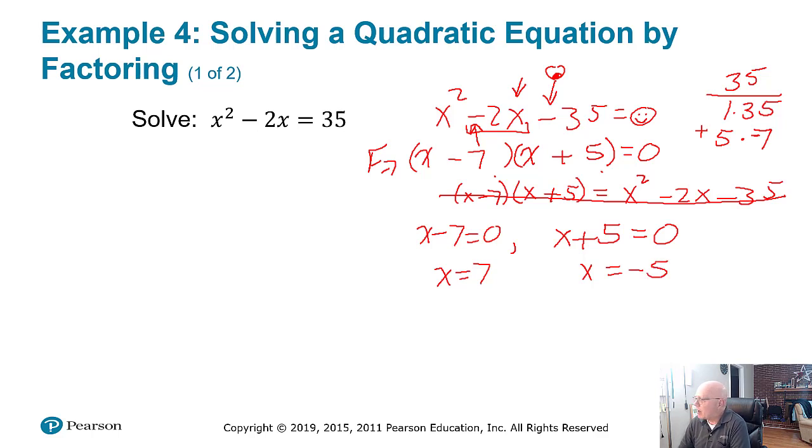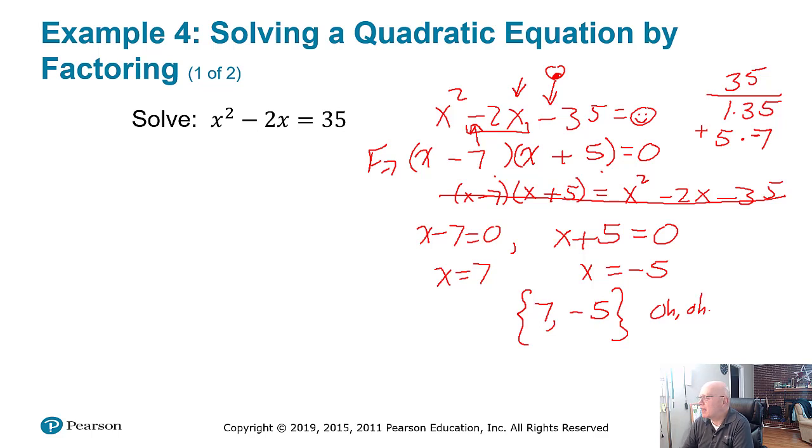Well, we've got two answers. We've got 7 and -5. If they're asking you for a solution set, the solution set includes 7 and -5, but we forgot something.